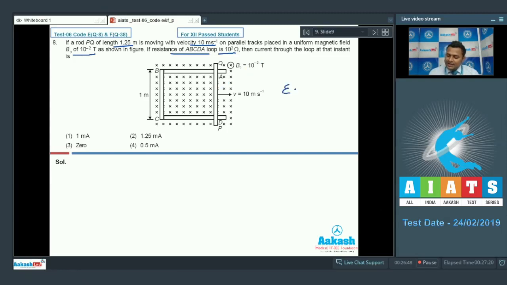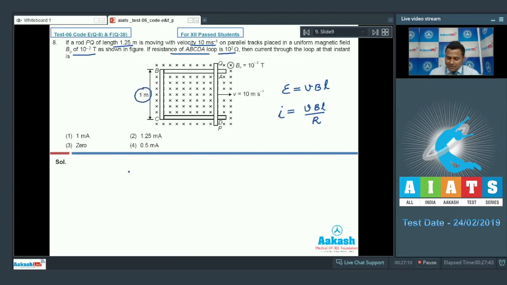The induced EMF E may be given as V, B, L, and hence the induced current may be given by V, B, L divided by R, where V is velocity, B is magnetic field, and L is effective length of the rod. Here, the effective length is 1 meter.